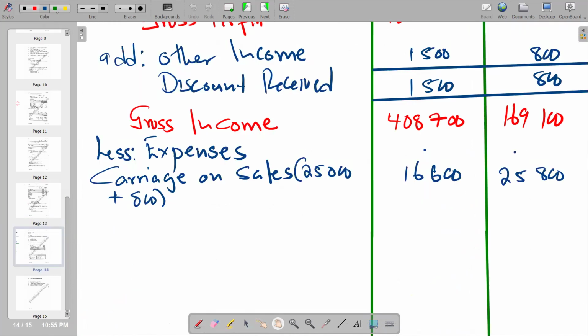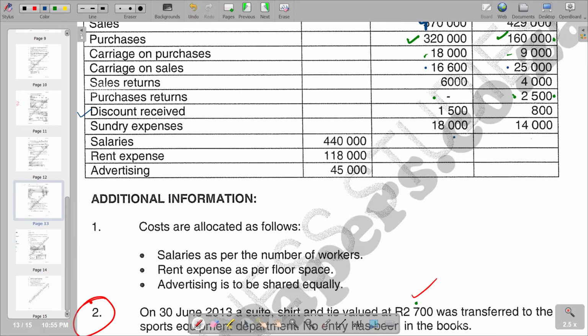So we have sundry expenses. Remember, we have picked our figures, 18 and 14. So we can just enter as such.